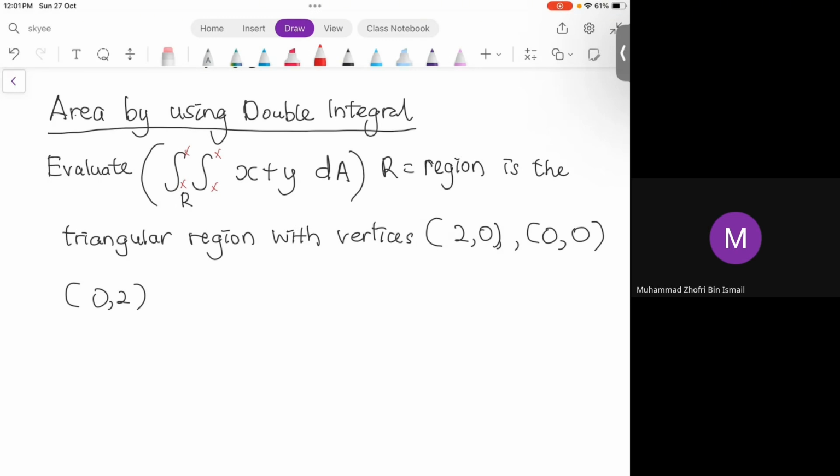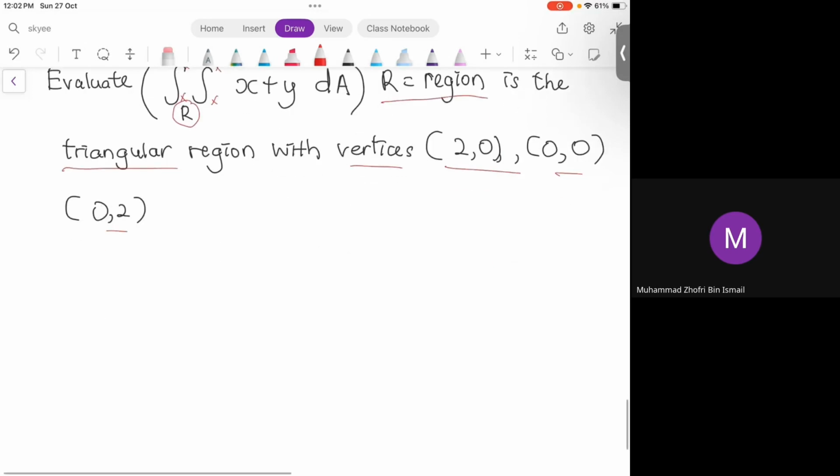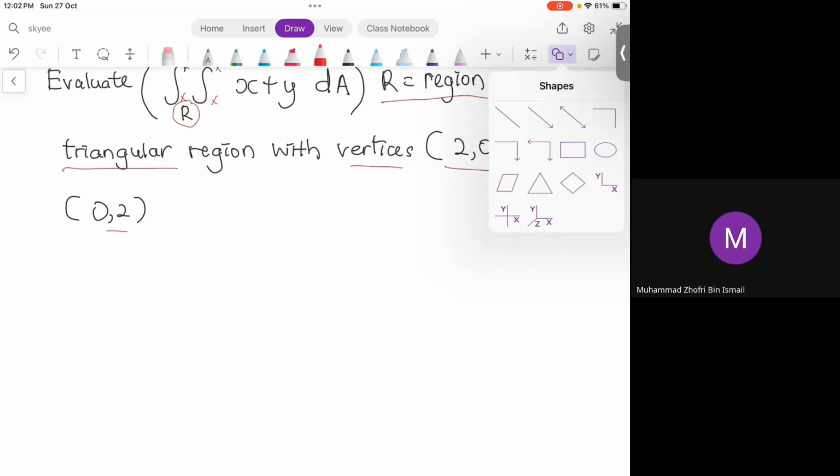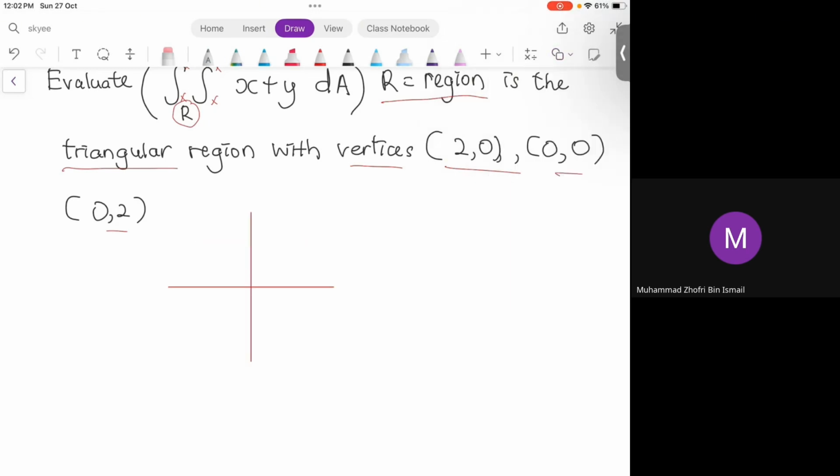They just tell you that the limit is actually a region of a triangle with vertices of this and this. A vertex is the point of a triangle. So if you plot it in the 2D graph and label it, 2, 0 will be here, 0, 0 is here, and then 0, 2 is here.